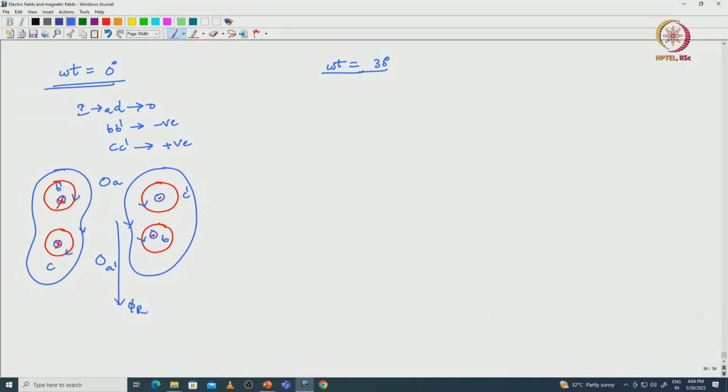This is the resultant flux vector. If we draw the vector analysis also, the same thing will come. This is phi r, and we calculate the resultant flux vector either by vector addition or with respect to the phi a and phi b magnitudes. The phi r magnitude will come to 3/2 phi m.